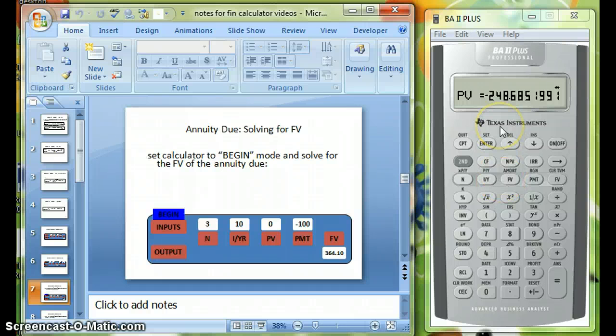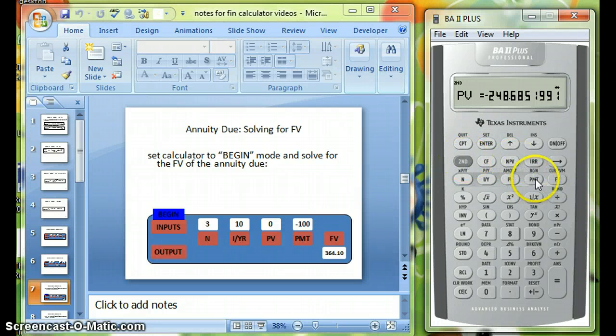So what we can do is to switch to the beginning mode. To do that, you want to go second payment. Above the payment, you see the BGN, which stands for beginning. At this point, the calculator by default is set at the end mode, and you want to reset it.